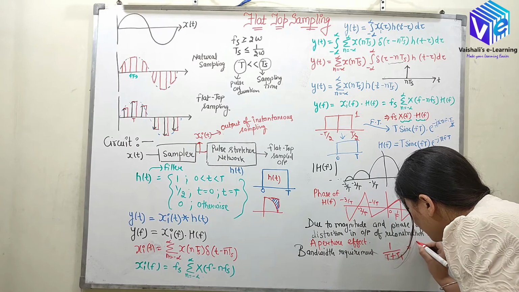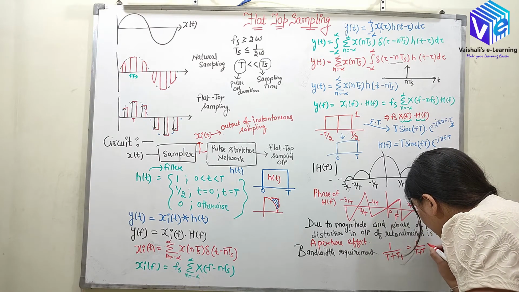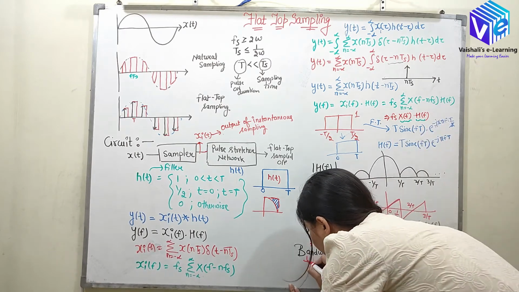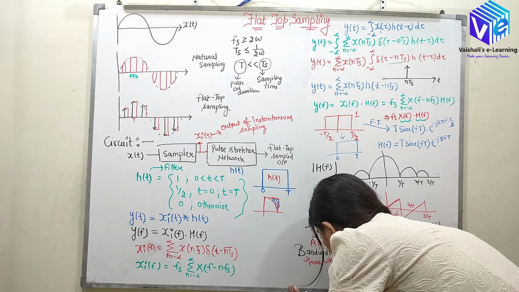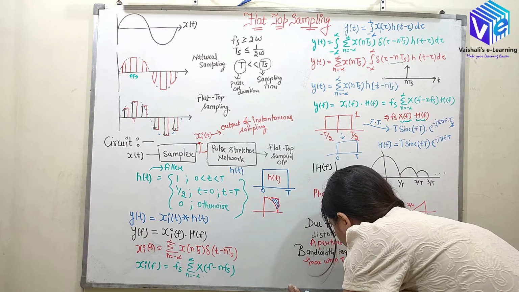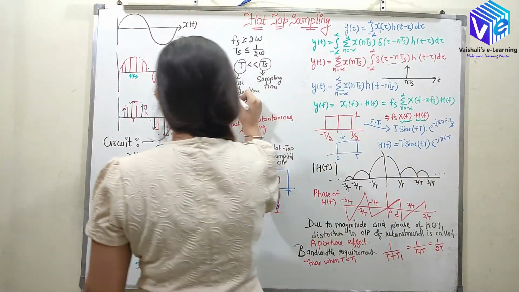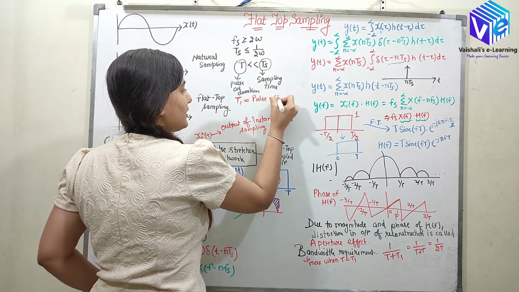When both are equal, I will get the bandwidth of fm. So it is 1 upon T plus T is equal to 1 upon 2T. So bandwidth is maximum when T is equal to T1. And what was T? T was on time, pulse on duration. T1 is pulse off duration.